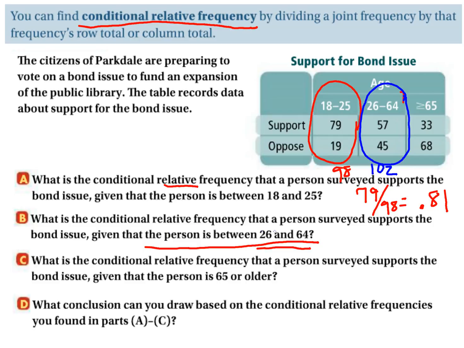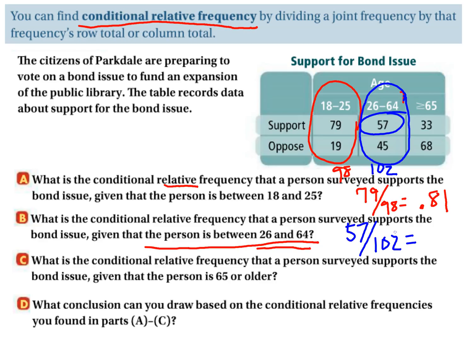So the conditional relative frequency would be 57, given that the person is between the ages of 26 and 64, over the 102. 57 divided by 102, and we get approximately 0.56.